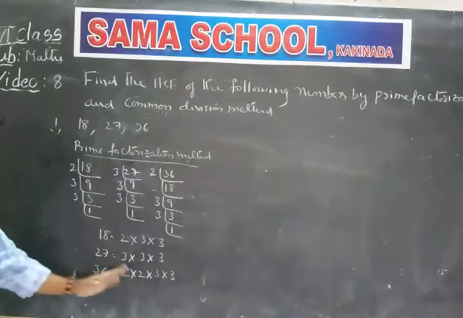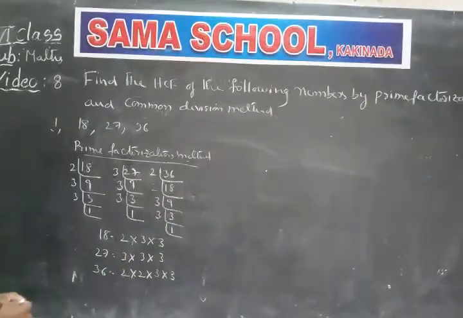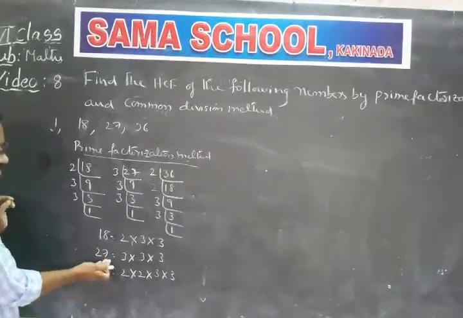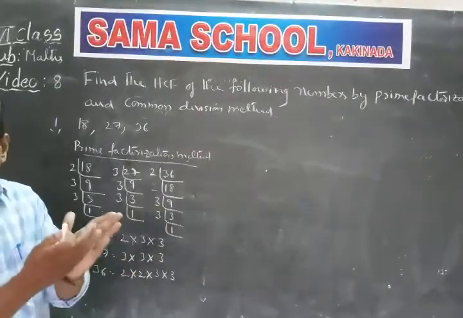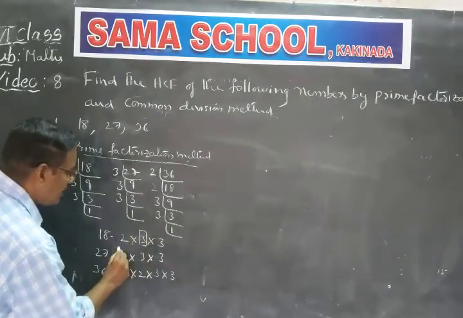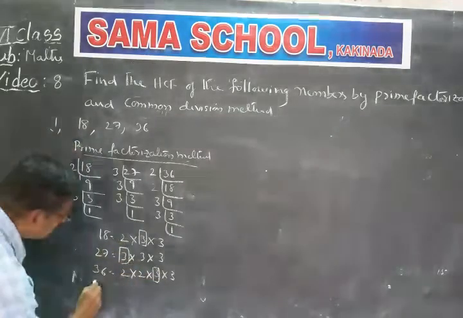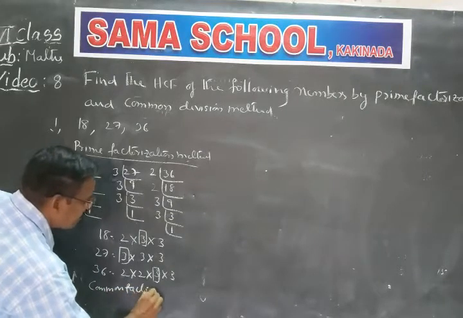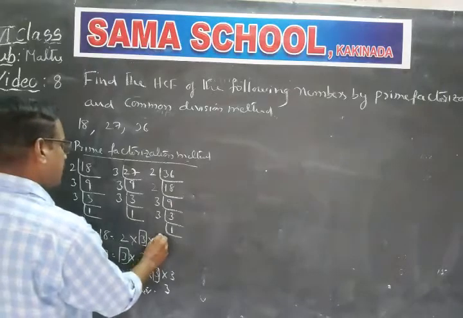In these three numbers, which are the common factors? 18 has 2, 36 has 2, but 27 does not have 2. So 2 is not a common factor. Now another one, 3. 3 is a common factor, and another 3 is also there.